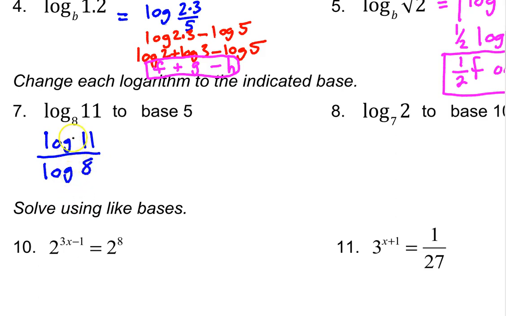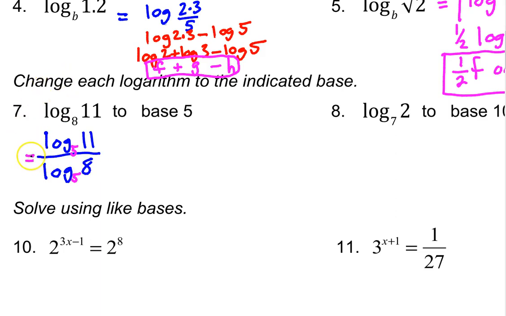And we can choose any base we want and still get the same exact number. So in this case, they want us to change it to base 5. If I don't write a base at all, it's considered base 10. But if you want to experiment with it, try just doing log of 11 divided by log of 8, write down the decimal, and then try log of 11 base 5 divided by log of 8 base 5, and you'll find out it is the same decimal.